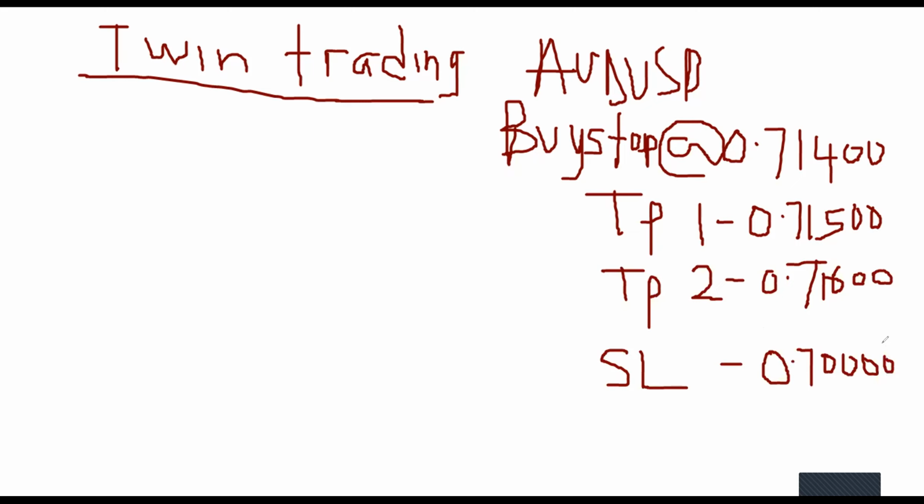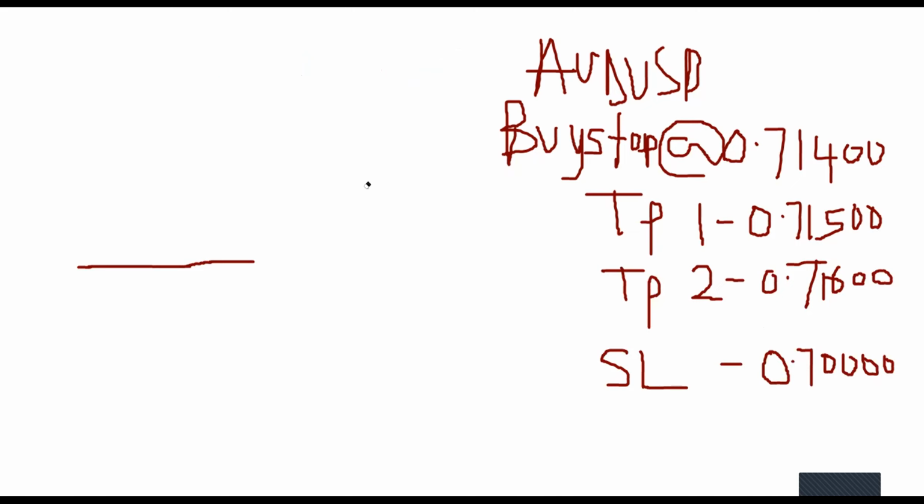So how do you go about swing trading? Swing trading means that on your chart you have TP1, TP2.